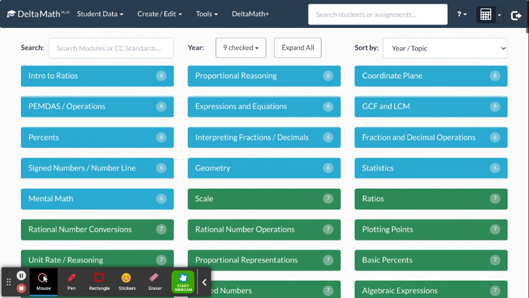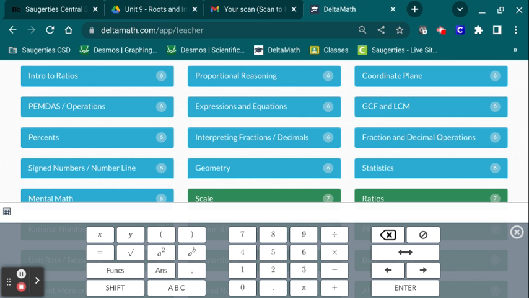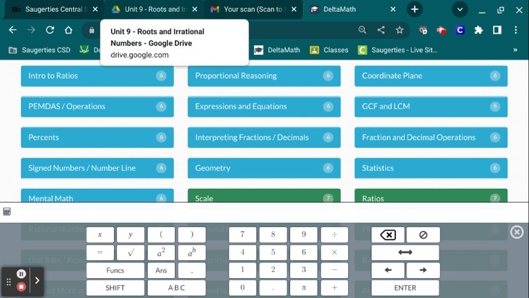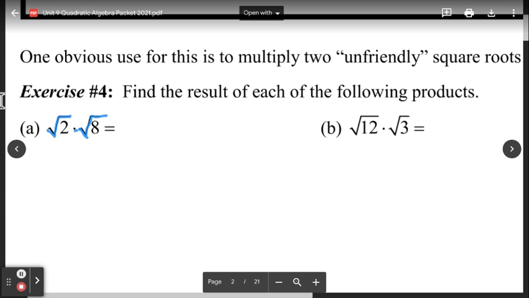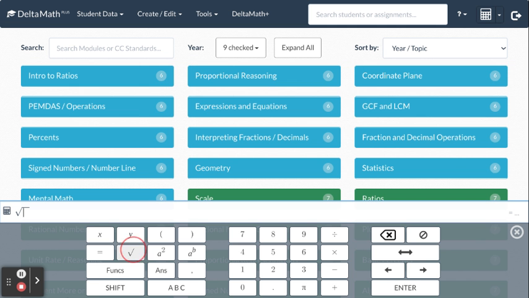So up here, I'm going to hit my calculator button. Let me get rid of this. So let's see what my problem is. So square root of 2 times square root of 8. So here's the square root symbol, square root 2. Now I'm going to arrow over so I can end this square root button. Square root of 2 times square root of 8.